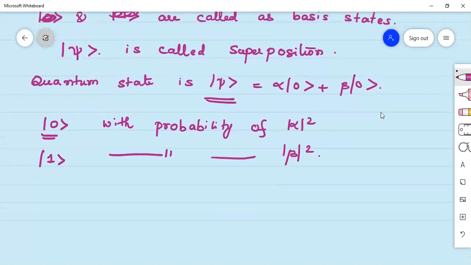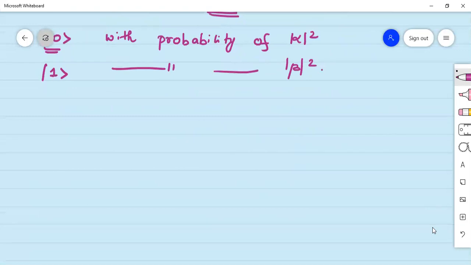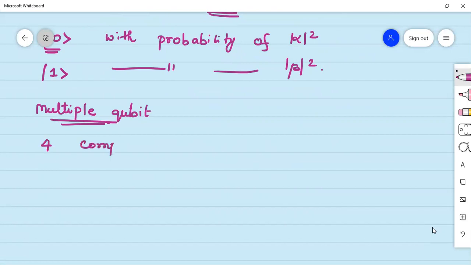So not only a single qubit, whatever we represented now as a single qubit representation, we can also define multiple qubits here in quantum computers. So how can I define multiple qubits? Let's say we have 4 computational basis states, okay?